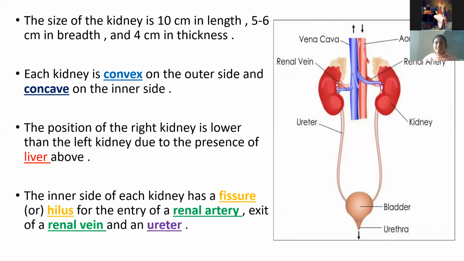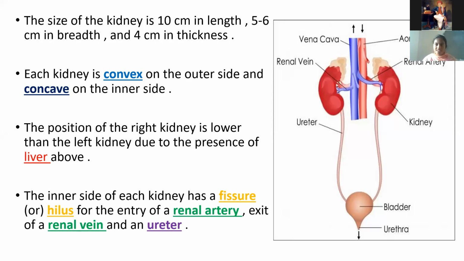The position of the right kidney is lower than the left kidney due to the presence of the liver above.